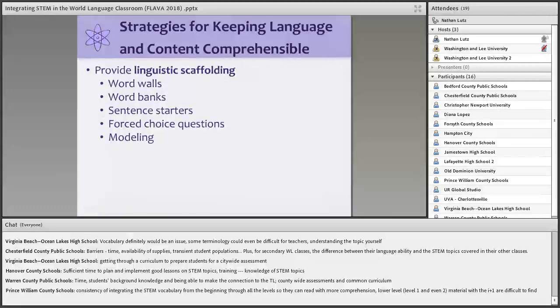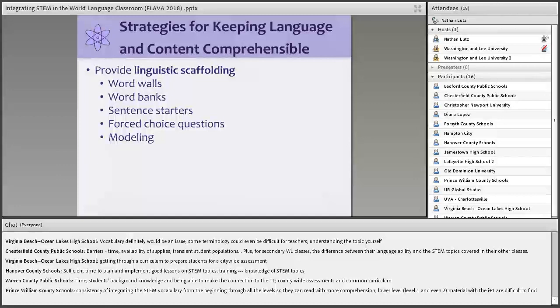So I am a huge fan of using various linguistic scaffolds to help my students be successful in acquiring the language. Now, this might vary depending on what your situation is. I am blessed to have a classroom. I didn't always have one, but now that I have one, I really make use of the environment by providing environmental print, such as word walls, for my students to always have the ability to access while we're learning so that if they forget a word, they can go look at it.